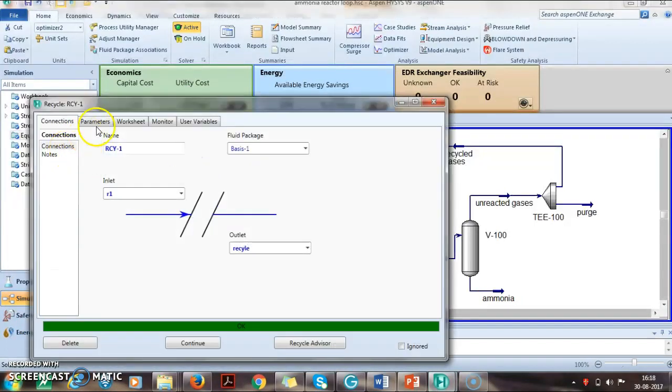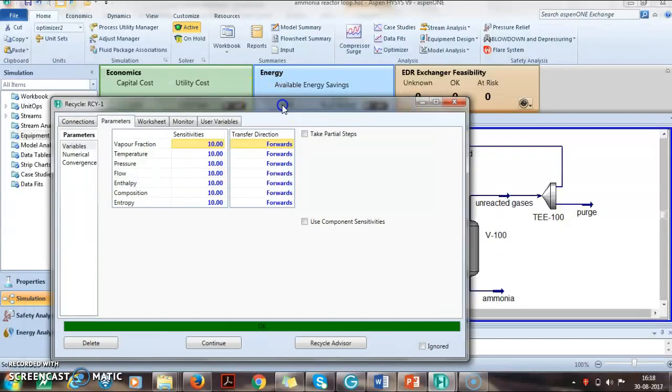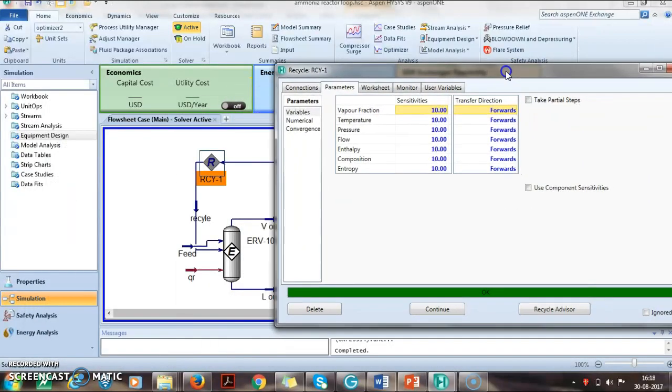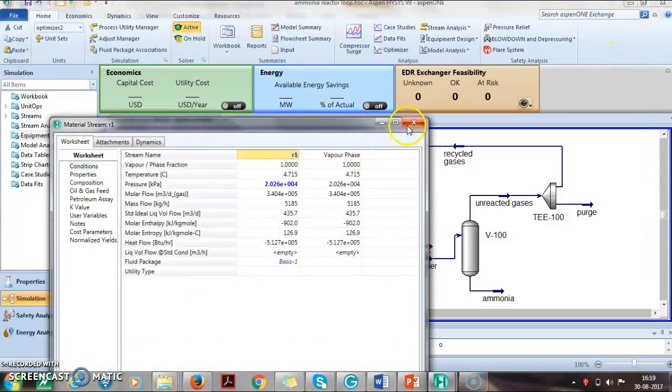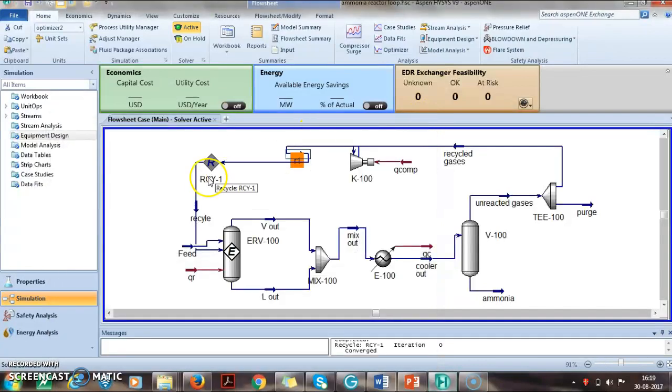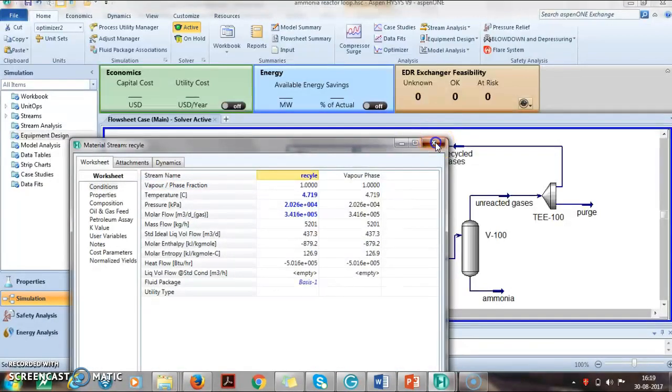Now if I go further into the recycle stream, you can see that these are the sensitivities. Sensitivities make sure that the convergence is proper. If you want the temperature to be very sensitive, this is basically the comparison of the temperature of stream R1, which is for example right now 4.715, and this, which is 4.719.